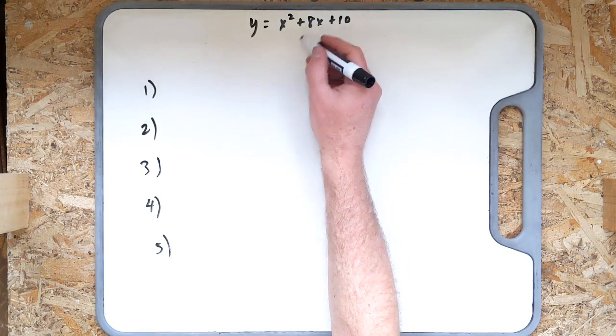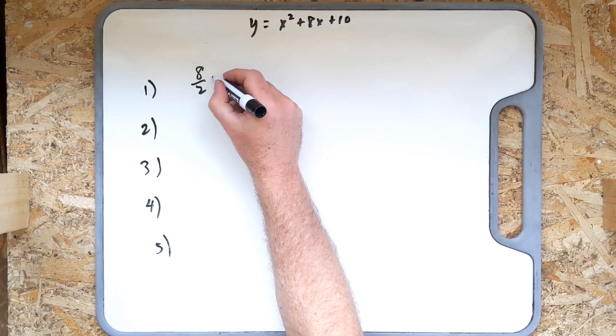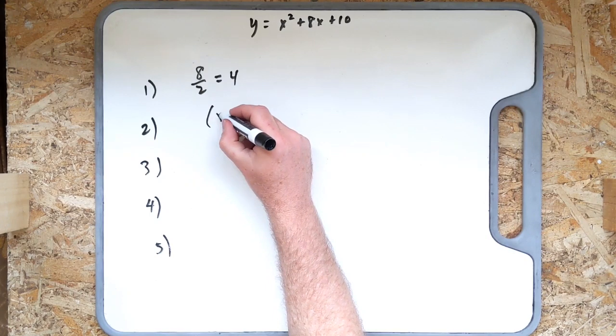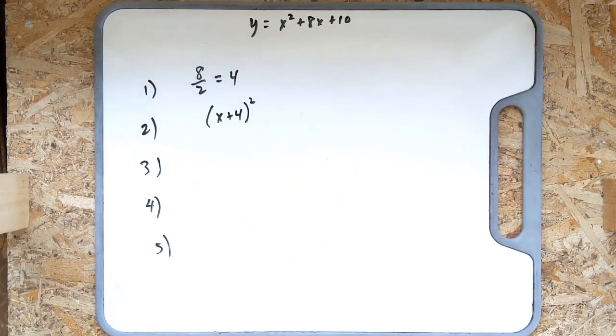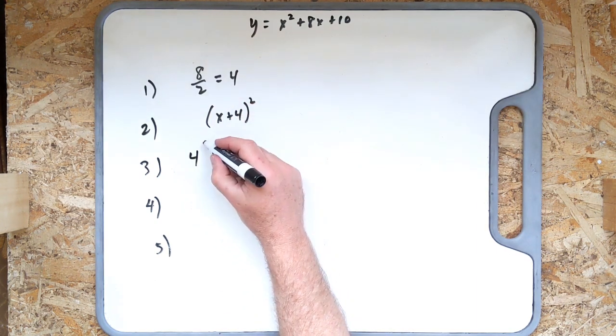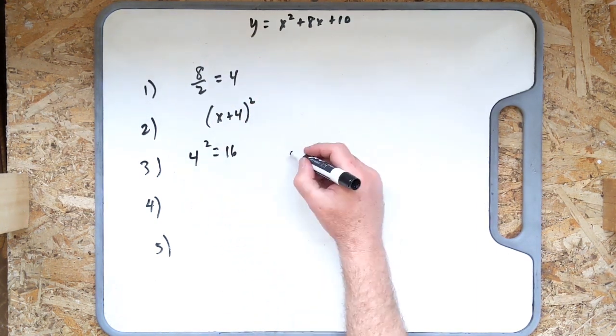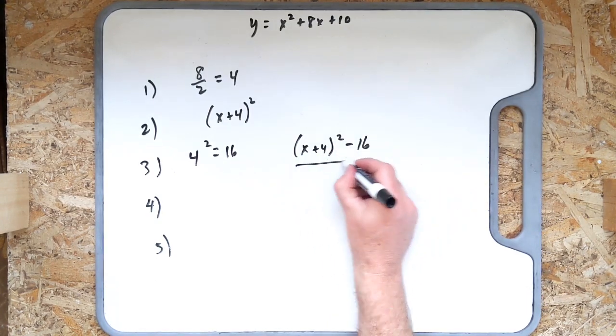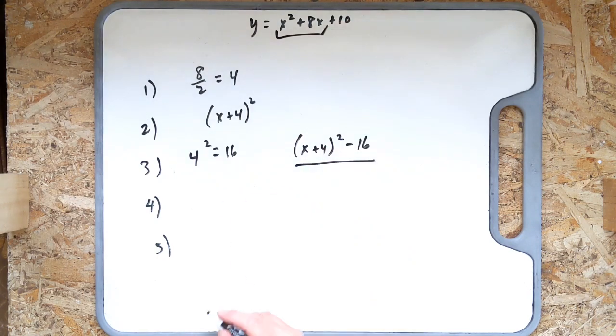Okay, if you're back, first take that 8 divided by 2, and that gives you 4. Do 2 things with that 4. One is, let's put it there, x plus 4 squared. Then square that number, which is 4 squared, is 16, and subtract it from that. Take that, substitute for right here.